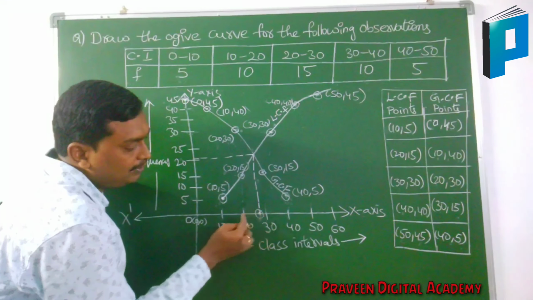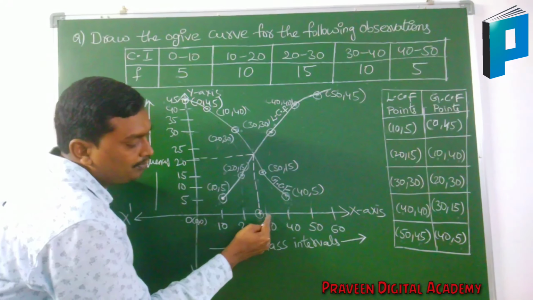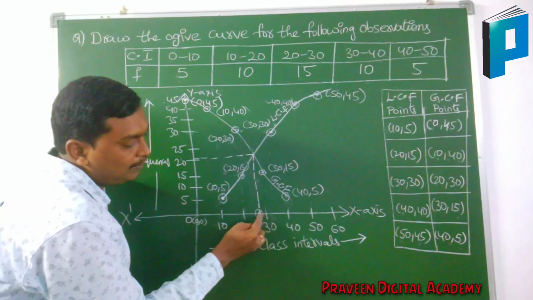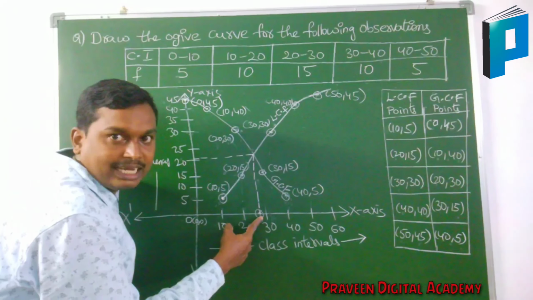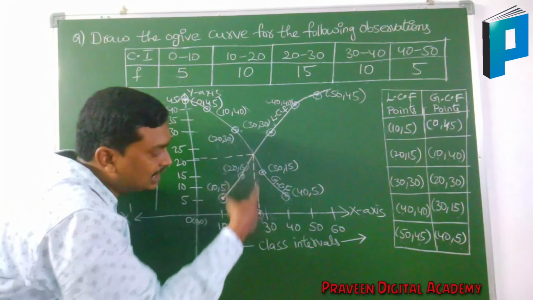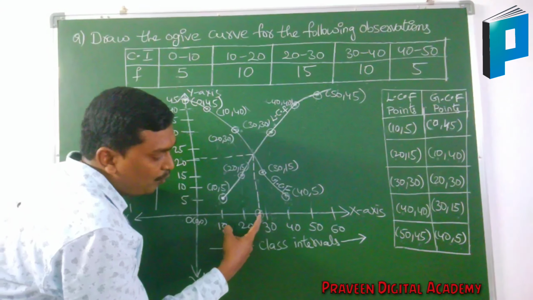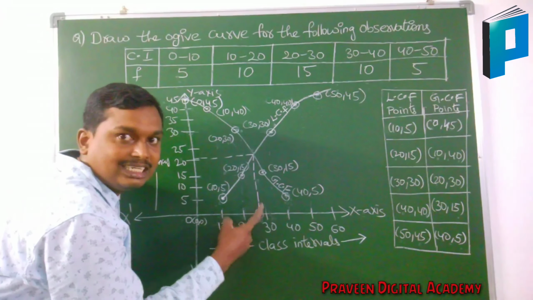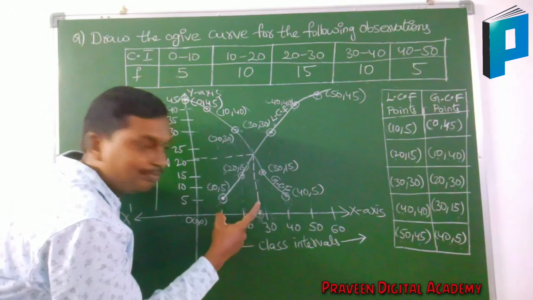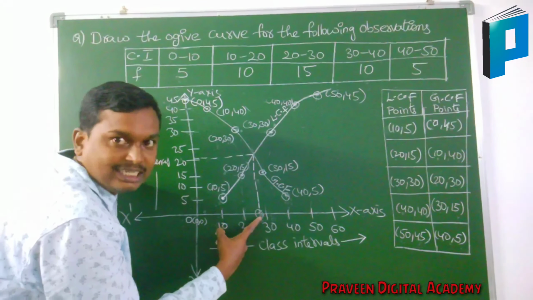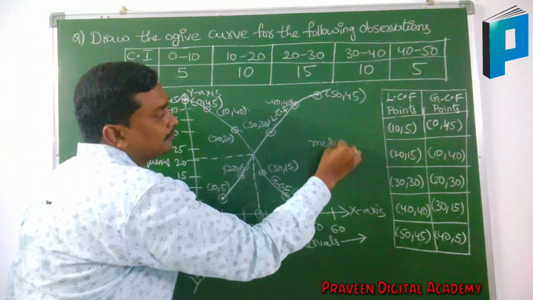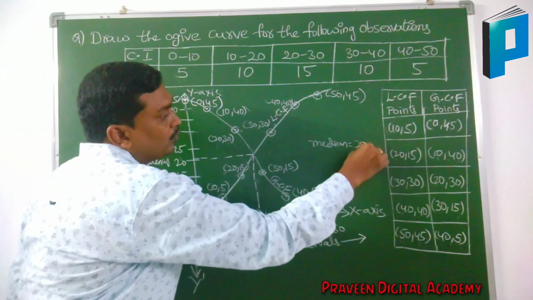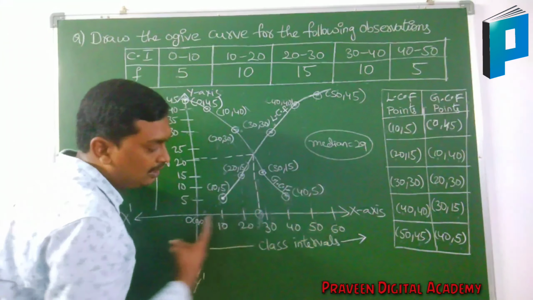Here it is in between 20 to 30, some distance is there. So we can say the median may be 29. By observing this perpendicular line, wherever it meets the x-axis, that we can say is the median. The median from this graph is 29.